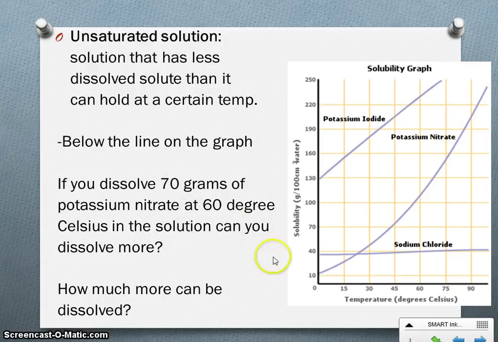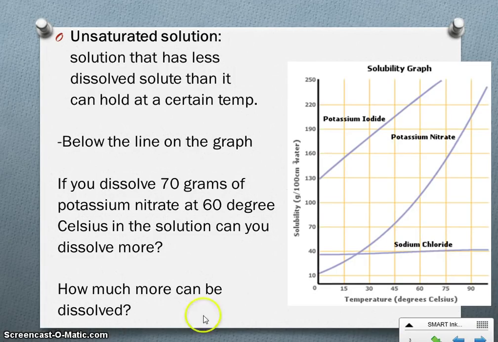So we're going to dissolve at 60 degrees. We're going to dissolve 70 grams, which is right here. And you can see that that spot is actually below this line. So that spot is in the unsaturated territory. So if we were to dissolve 70 grams at 60 degrees, we would have an unsaturated solution.